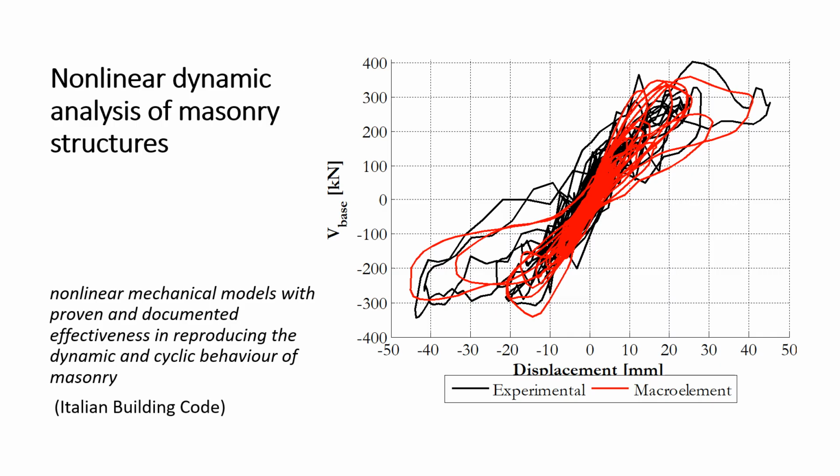Simple sentence, very complex to realize. But what we see on the right is really promising. This is a comparison between an experimental test and a numerical simulation of the test using an equivalent frame macroelement procedure, the Tremuri model.